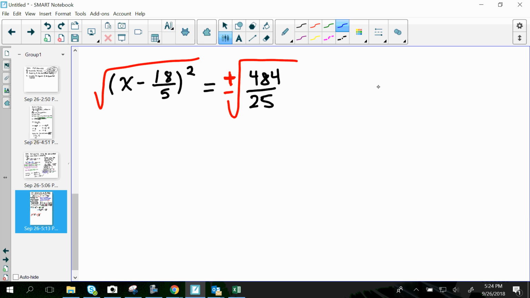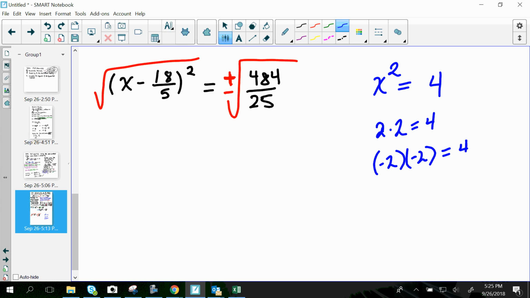It has to do with the fact that, let me use an easy example with just regular numbers. If I say I have x squared equals 4, then what can x be that will give me positive 4? I could have 2 times 2, that would give me positive 4, or I could have negative 2 times negative 2, which would give me positive 4.